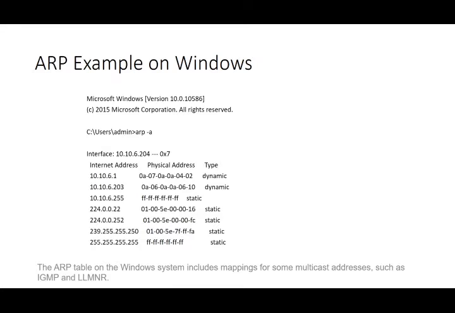So in this case, we have 192.168.100.1, or in my case it is 10.10.6.204. In your case it might be some other result.